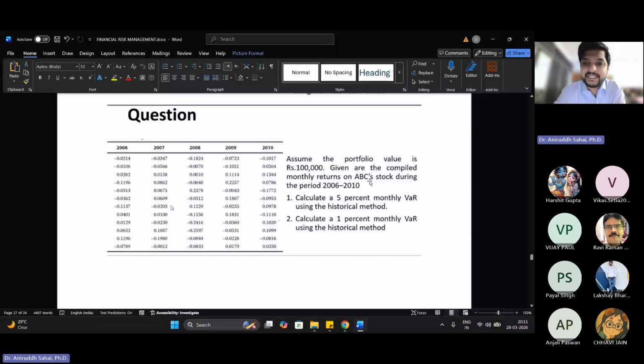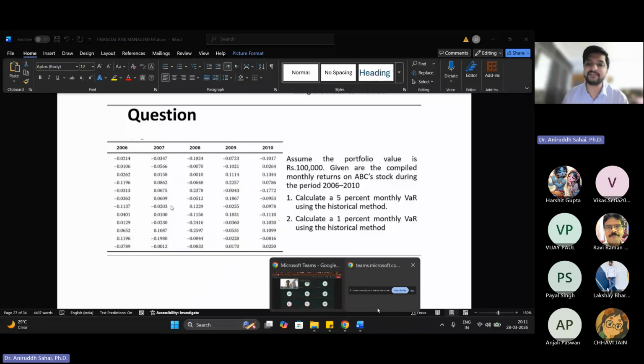अब हमें बोला है कि हमारे पास कैपिटल पोर्टफोलियो जो है वो 1 लाख रुपए का है. Given are the compounded monthly returns and you need to calculate a 5% monthly VAR using historical method. Anyone can tell me which observation will you choose for 1% VAR and which observation will you choose for 5% VAR?